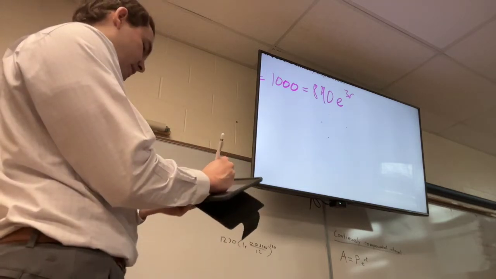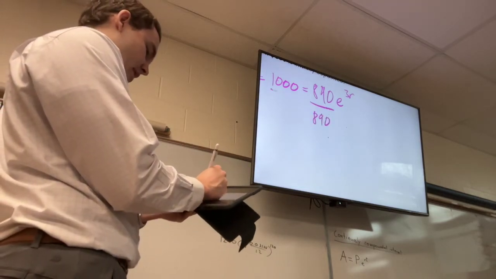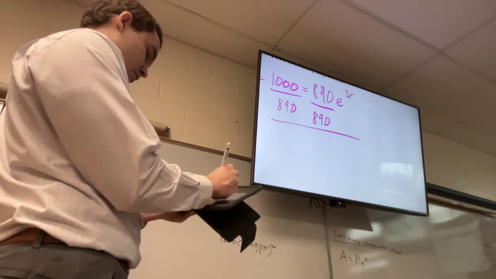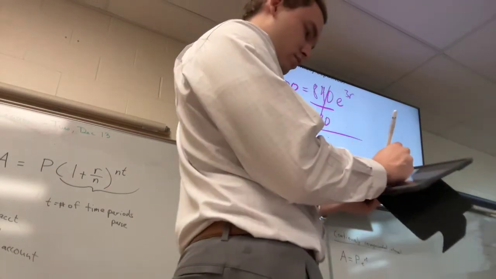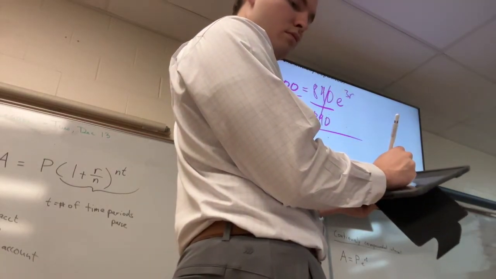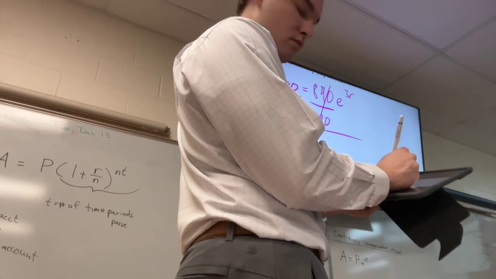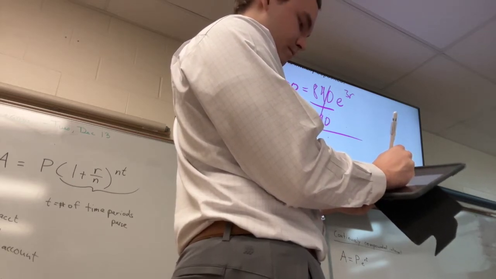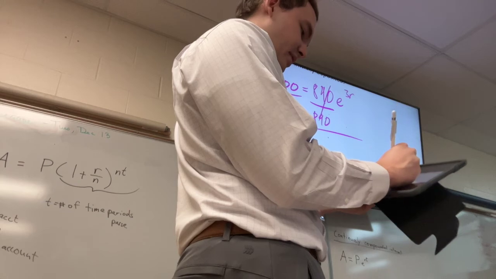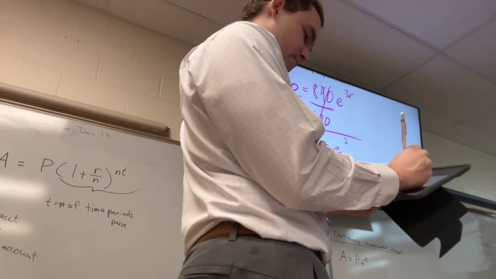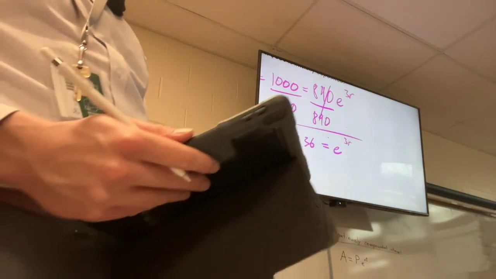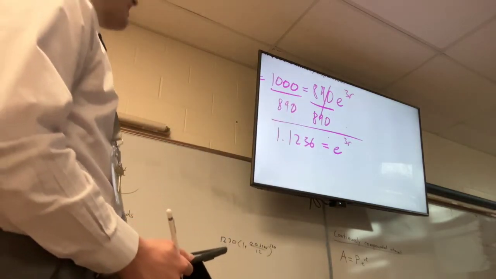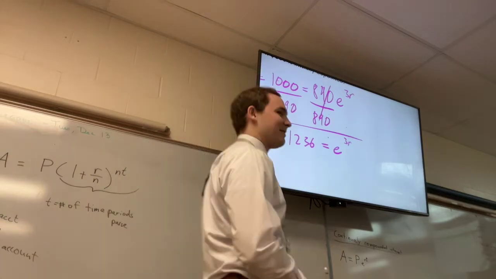Okay? How do we go about solving this? So we want to get E by itself first, right? So we're going to divide by 890 on both sides. Okay, I get that, rounded to the nearest 10,000th. All right, and how do we bring our R out of the exponent?